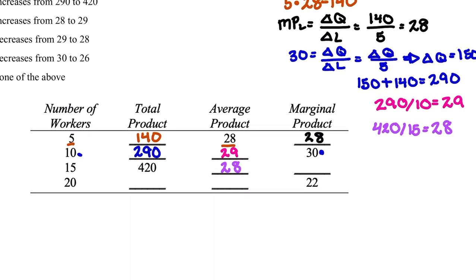So we're going to have 420 minus 290, which is 130. So our marginal product of labor is 130 over 5, which is 26.